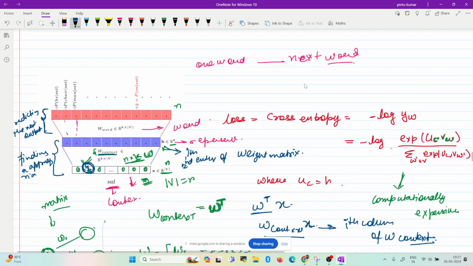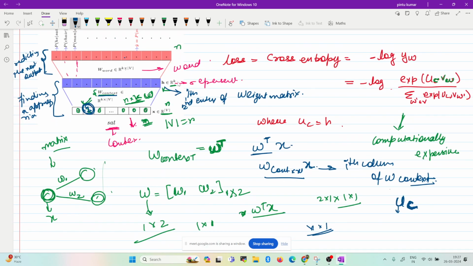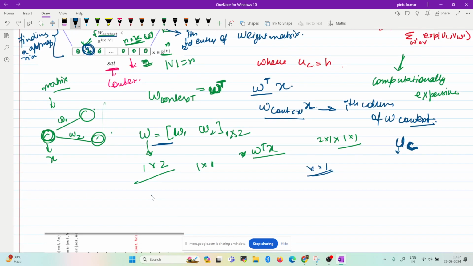Now, what would be the output of this particular thing? Again, this is k and this is n. If you write it in this way, what is the size of the weight matrix that you would get? The size would be k cross n.